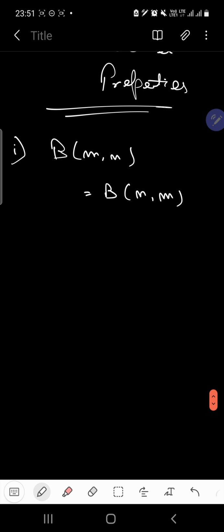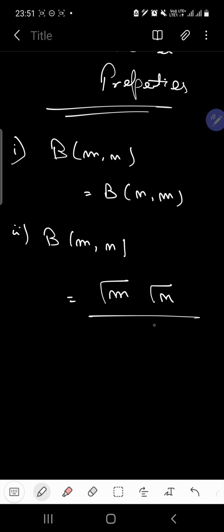The next one is basically not a property but a dependency between the beta function and the gamma function, which is given as beta(m,n) equals gamma m times gamma n over gamma of m plus n.